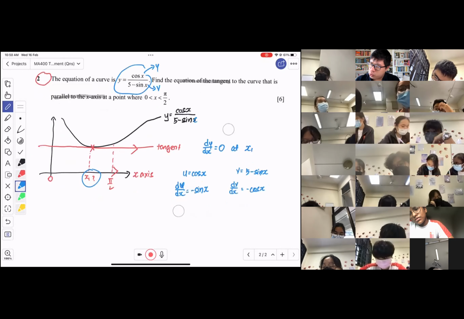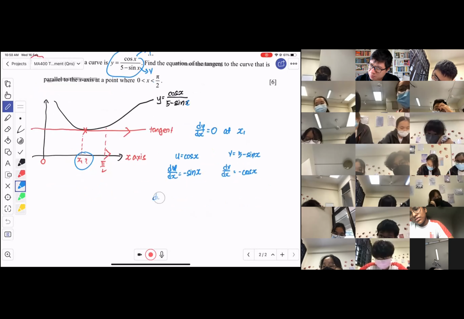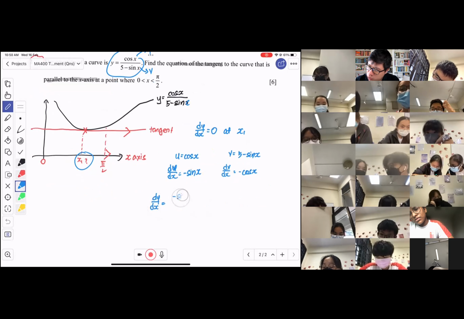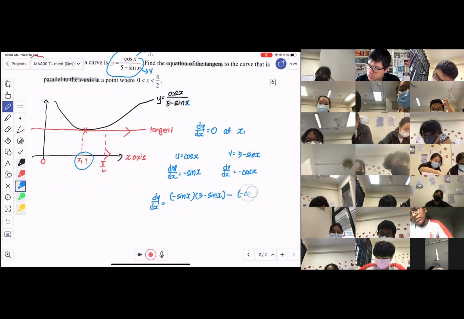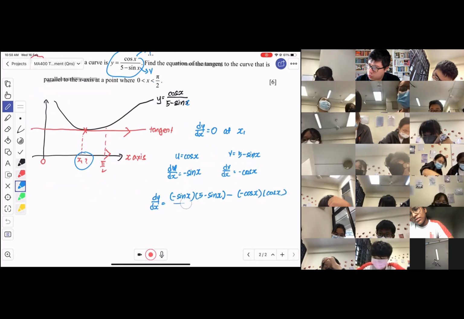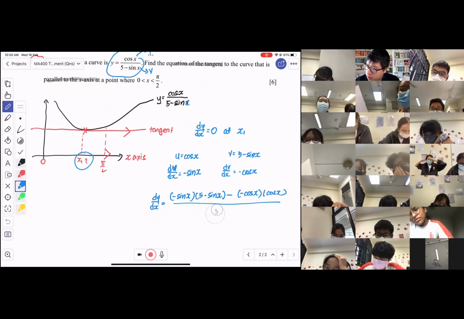Now, using the quotient rule, because we see a quotient, your dy/dx is (u over v): u prime first, multiply by v, subtract v prime, which is minus cos x, multiply by u, over v squared.